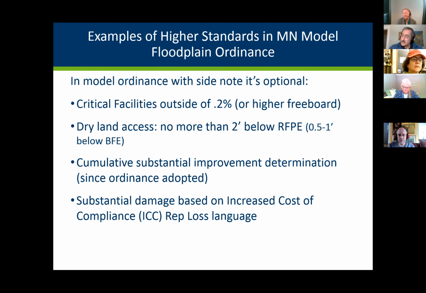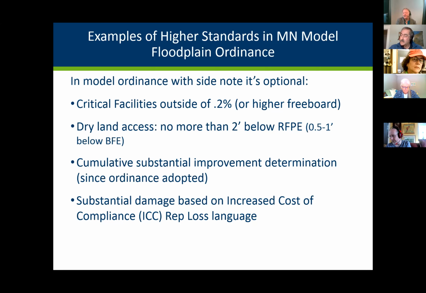We have the cumulative substantial improvement determination language there, and that's cumulative improvements since they adopted the ordinance in that community instead of just the substantial improvement at that time.